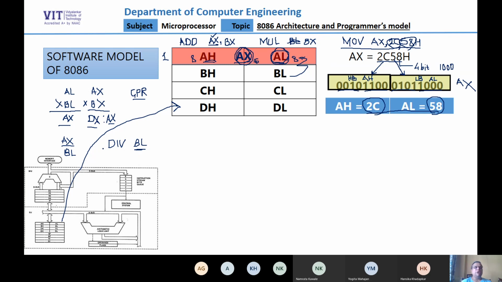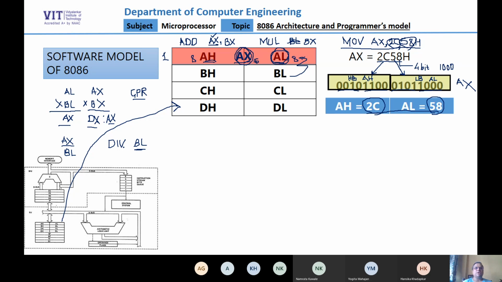So the division instruction in detail we will see later on. As of now, you should just remember the special use of the AX register, that in case of division, AX is by default used as a numerator. Is this clear? 8-bit by 8-bit division is not supported. 16-bit by 8-bit division is supported by the 8086 processor. How and why we will see later on. So I hope you have understood this use of the AX register.